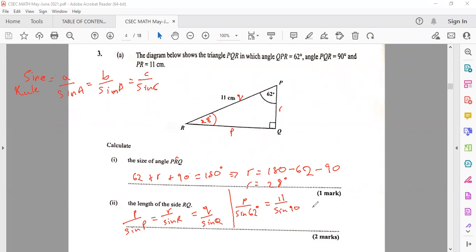Then we can rearrange. That means that P is equal to sine of 62 degrees multiplied by 11 over sine of 90 degrees. And we'll just find all those answers on a calculator. Can somebody tell me what sine of 90 is?